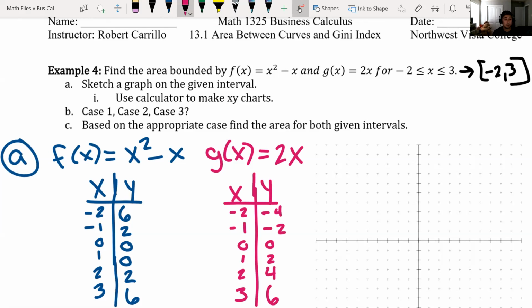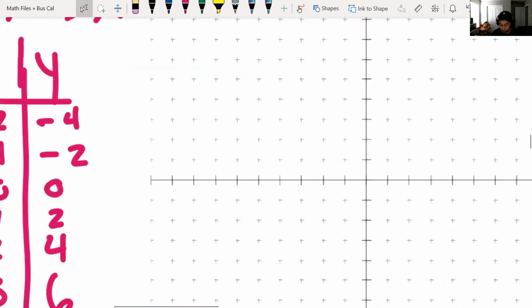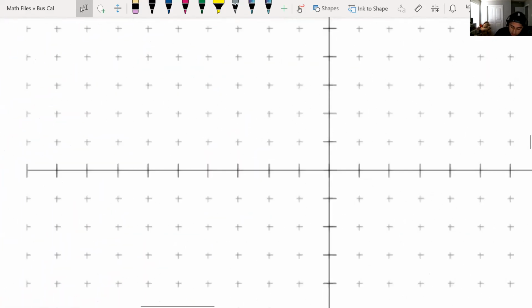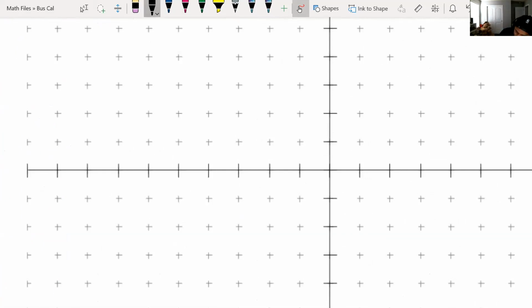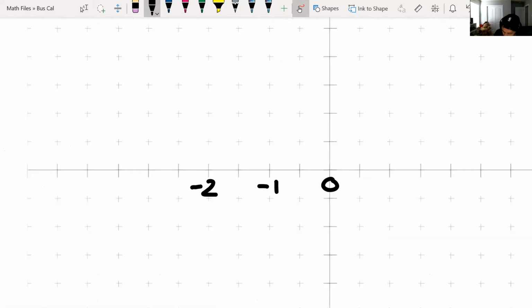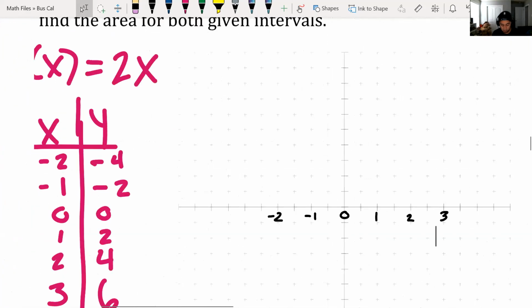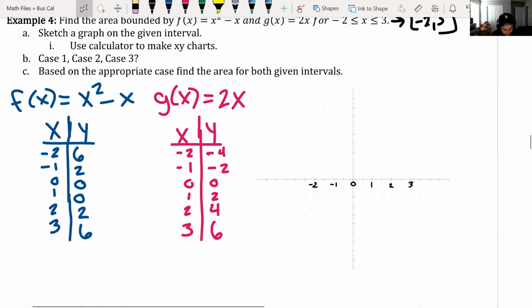Okay, so I'm using -2 to 3. So let me make my x-axis appropriate: 0, -1, -2, 1, 2, 3. And I think I saw the largest y value was 6.